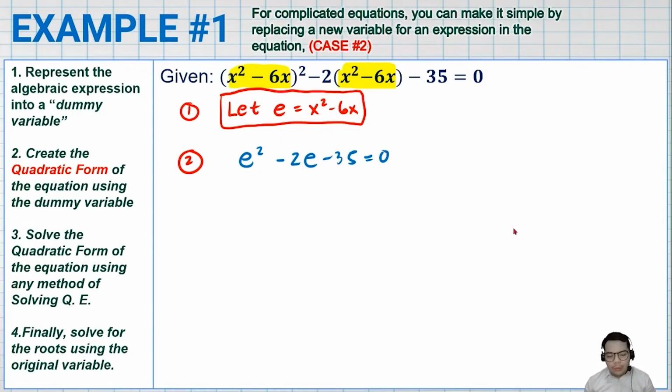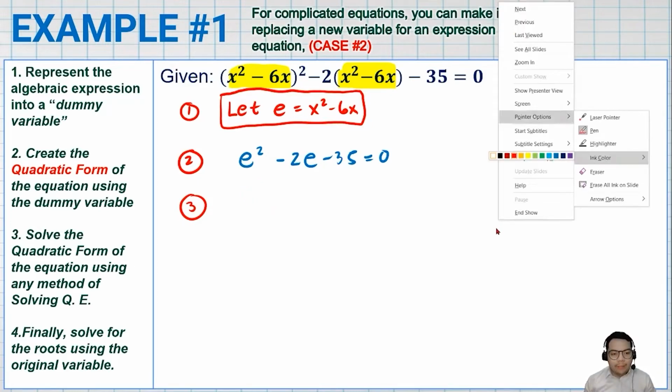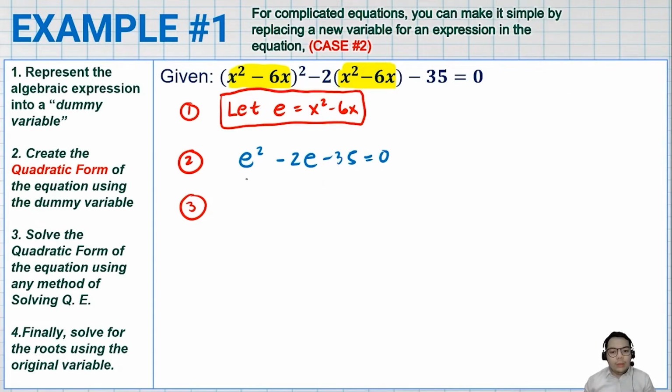So, we'll proceed to step number 3 wherein it says, parehas lang nung ginawa natin sa case number 1, we have to solve this quadratic form using any method of solving quadratic equation. So, napansin din natin dun sa example 1 and 2 na mas maigsi yung solving natin kapag factoring. So, from this, I will use factoring.